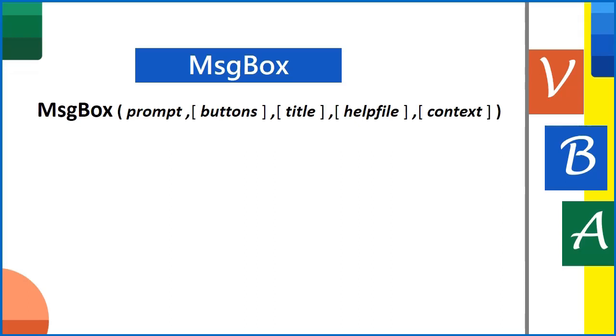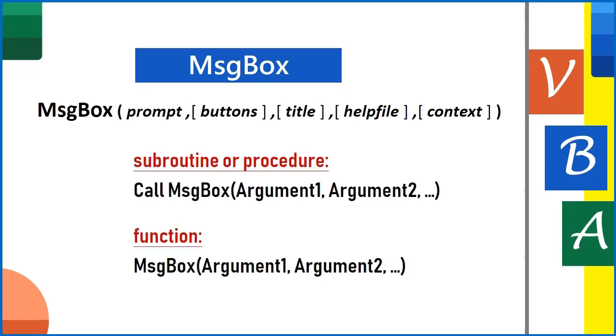The use of parentheses with MsgBox can be a bit confusing and can result in errors if not used properly. To simplify, when using MsgBox as a subroutine or procedure, we suggest using the word call before the name MsgBox when calling it, followed by parentheses and the prompt, and separate the arguments with commas.